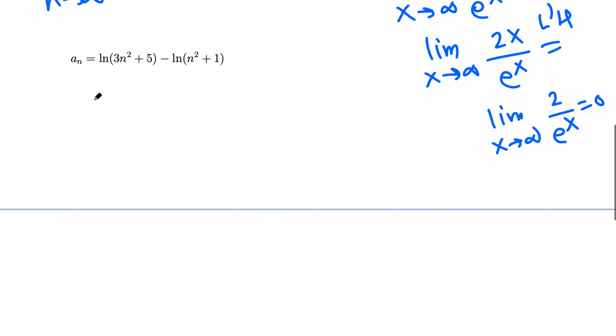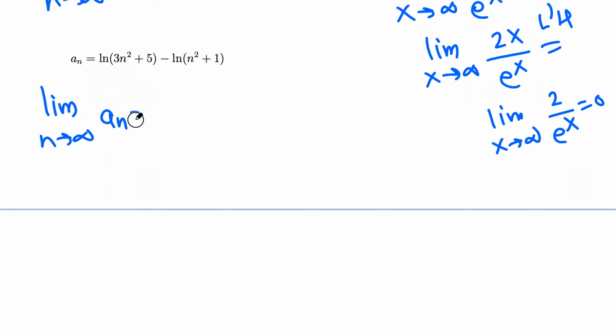Okay, and the last one. We know that natural log of x minus natural log of y is the natural log of the quotient. Difference of two natural logs. So I'm going to use that property here and take the limit at the same time.